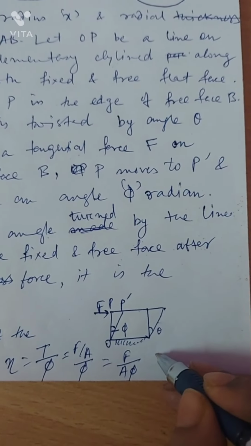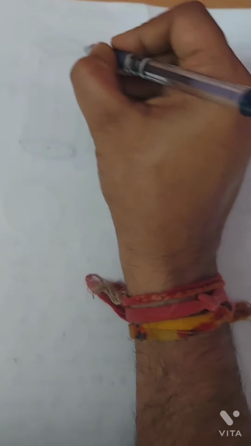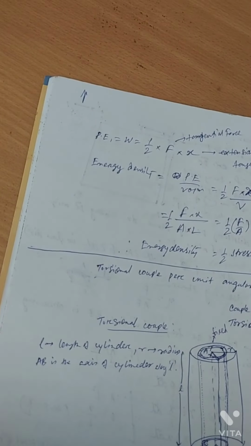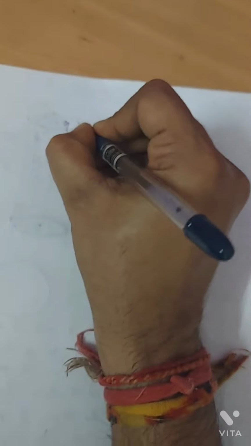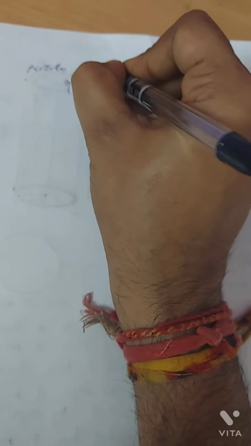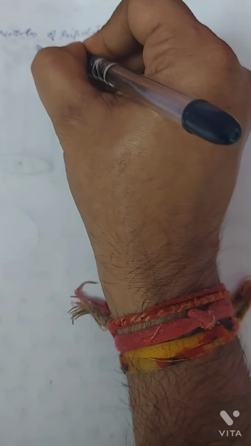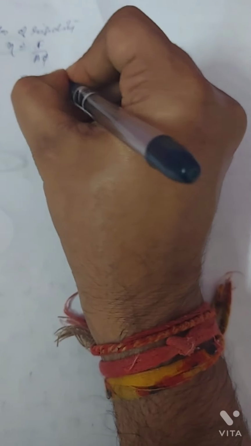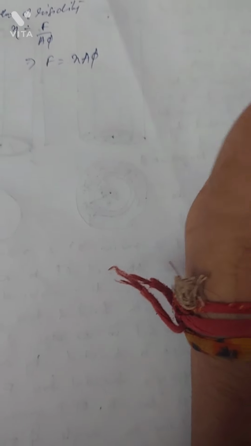So what we will see is that eta, the modulus of rigidity, was given as force by area into phi, which implies force is equal to eta A phi.